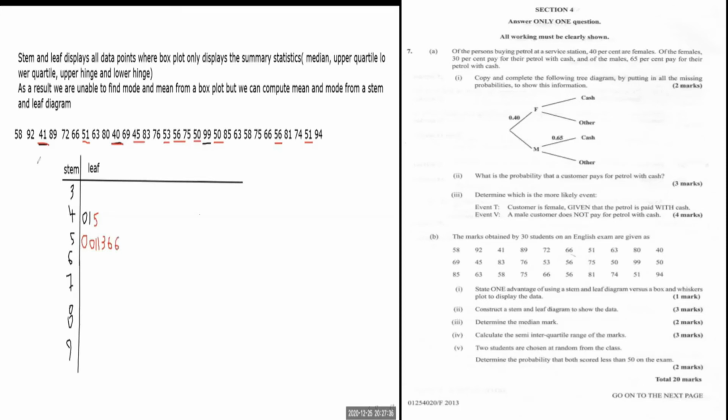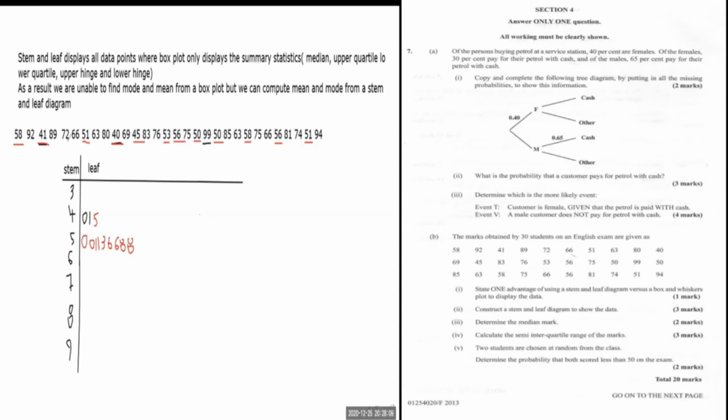Then 57. No 57, but I see 58, and put my 8 here. And I see another 58, and I can put another 8 here. All right. 59. No 59. That's crazy.